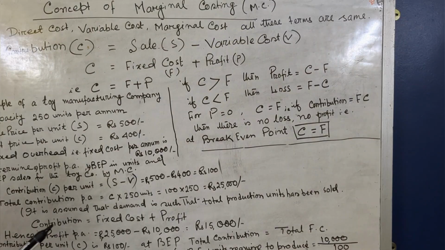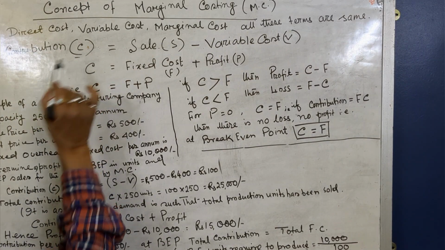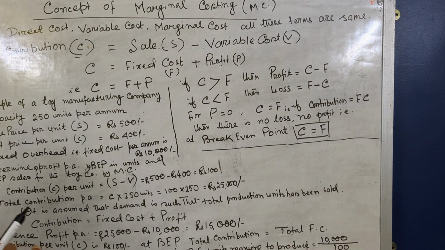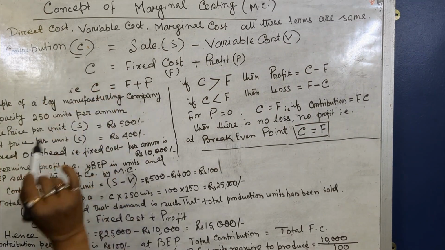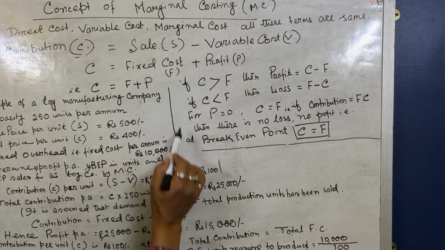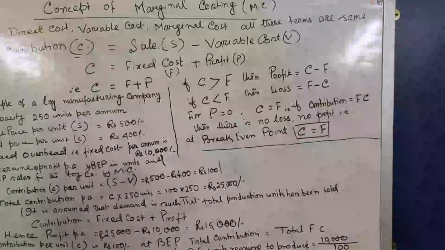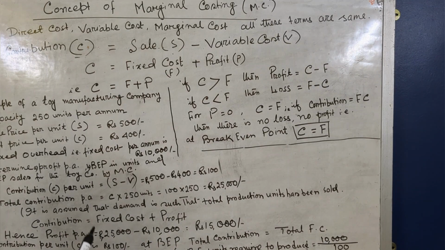Marginal costing, how will we apply it? There is a term, contribution. Actually, what is contribution? Contribution is nothing but the difference of sales and variable cost. When we sell any product, we get revenue or sales value, which comes in.